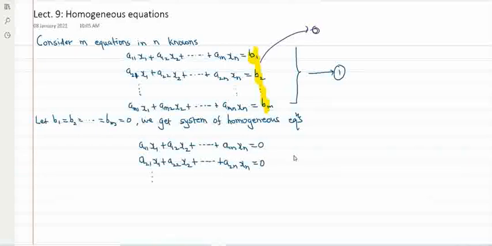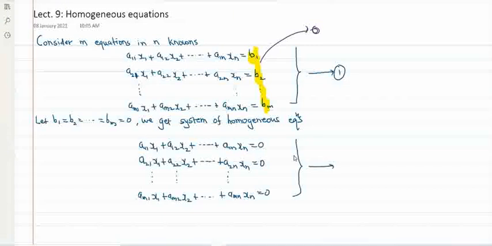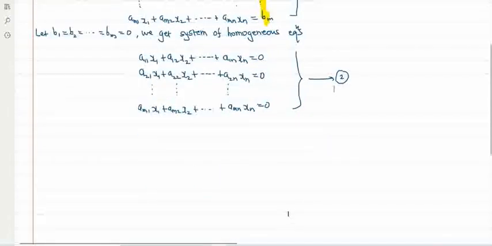So likewise, the mth equation is given by am1 x1 plus am2 x2 plus dot dot dot amn xn is equal to 0. Suppose this system of equations I will represent as 2. Now this is a particular case of non-homogeneous system, the same concept.